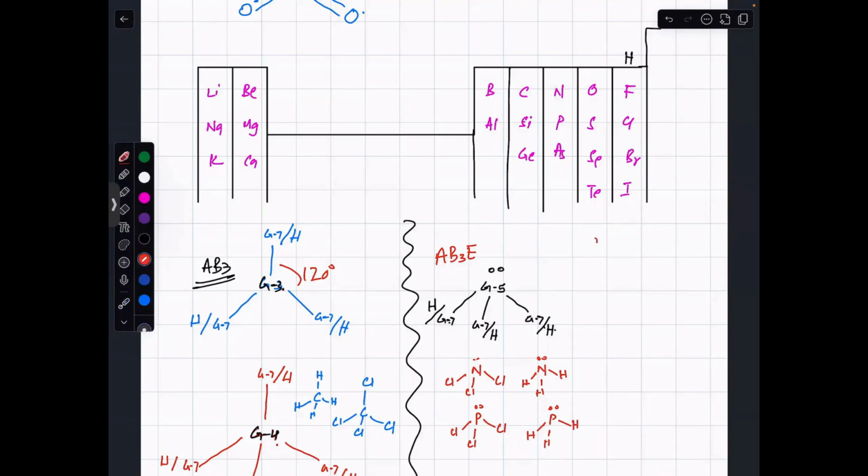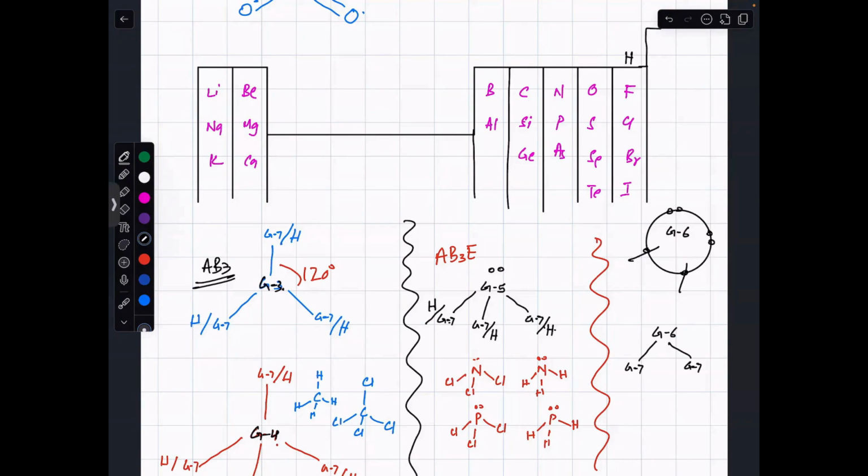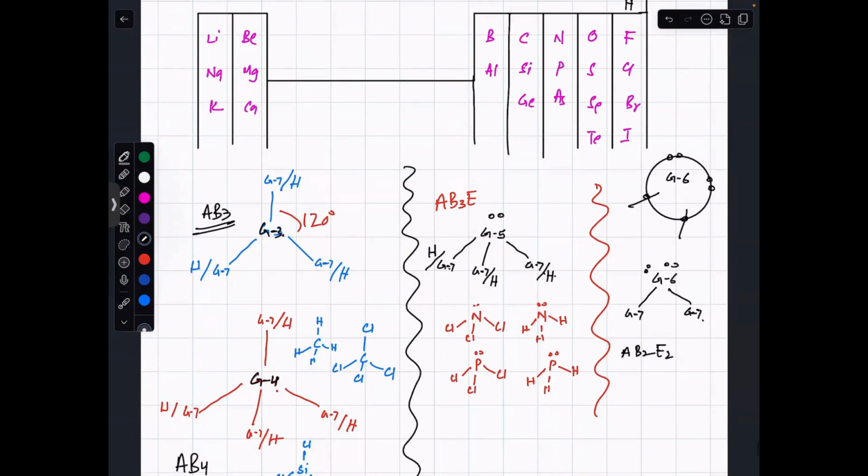When group 6 is going to make 2 bonds, group 6 has 1, 2, 3, 4, 5, 6, so there will be 2 lone pairs. If this is group 6 making 2 bonds with group 7 or hydrogen, there will be 2 lone pairs. So it's AB2E2. What are the examples?